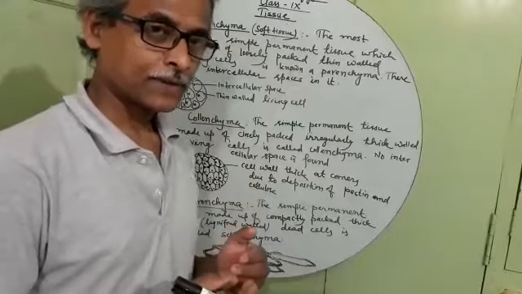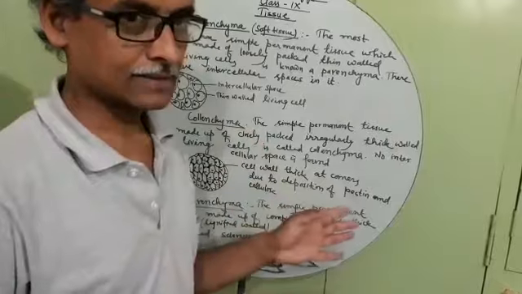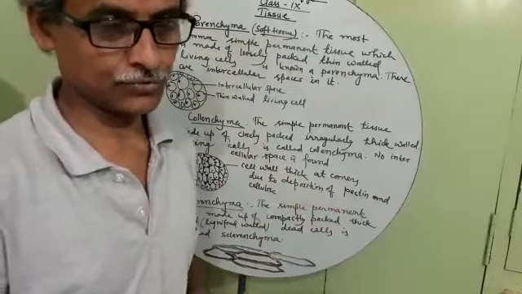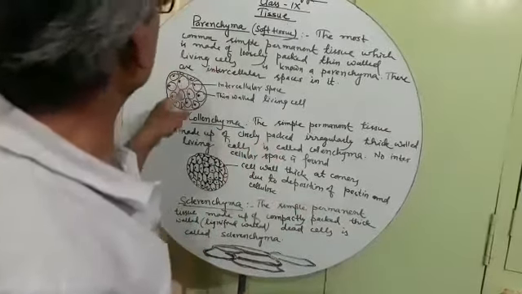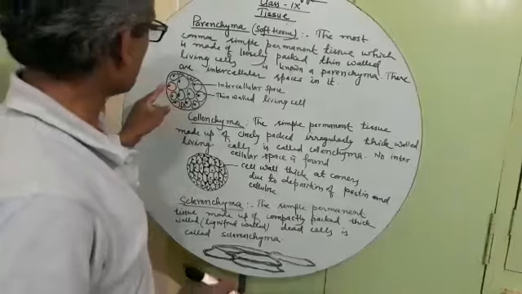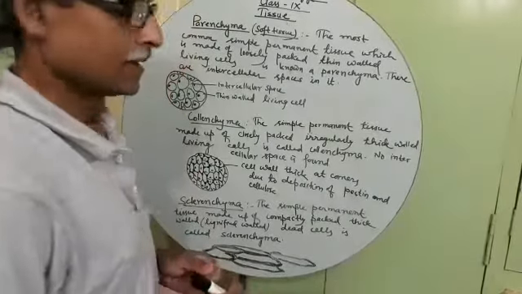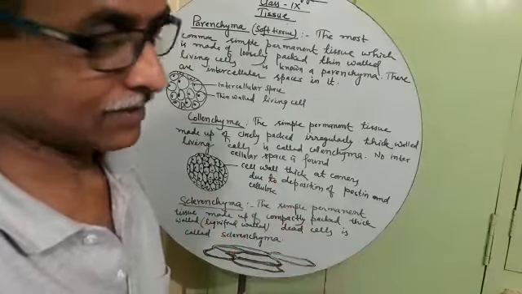In this way, you can learn by heart these three types of simple permanent tissue by comparing them. You shall draw the diagram, practice the diagram in such a way that you could compare them easily.